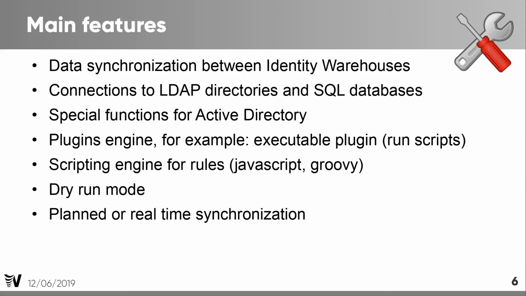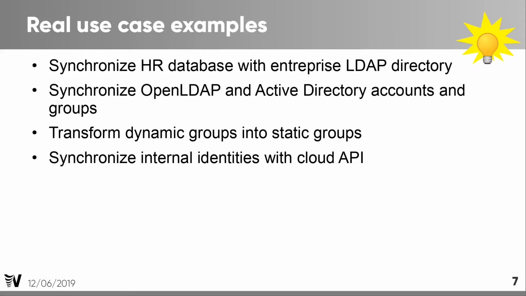And we also have some real-time synchronization. For the moment, only with OpenLDAP as a source directory. LSC will be able to intercept every event of modification inside OpenLDAP and forward this modification to any destination database.